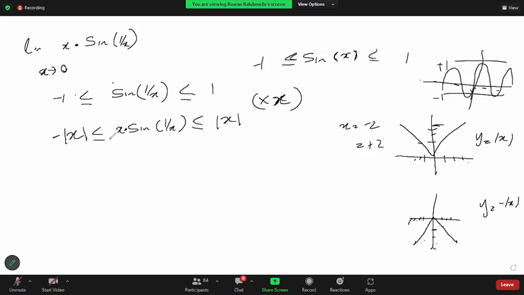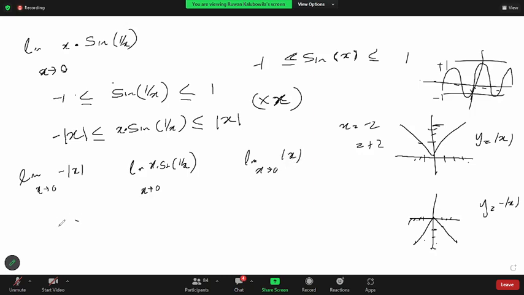Now what can we do? Now we are going to use the squish theorem. So I am taking the limit of all the terms. Limit when x goes to 0 of negative modulus x, limit of x sine 1 over x when x goes to 0, then limit when x approaches 0 of modulus x.